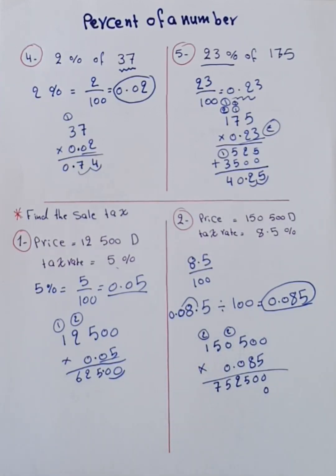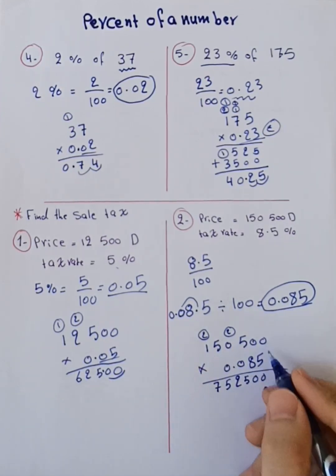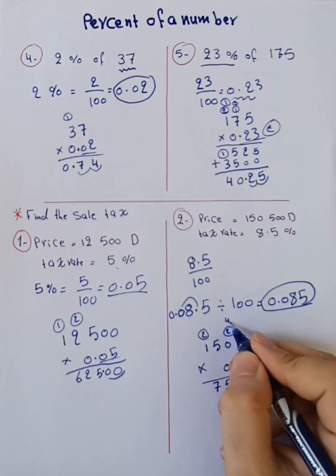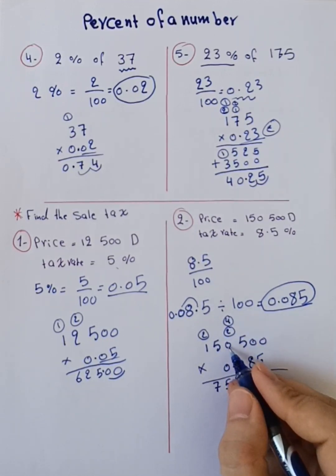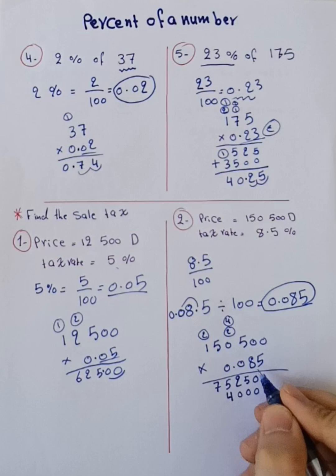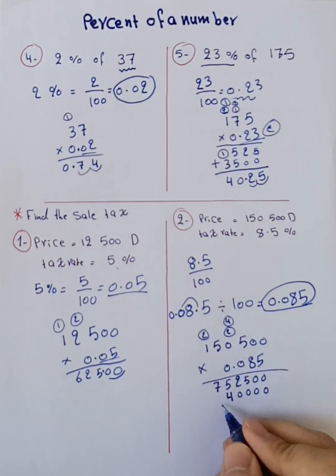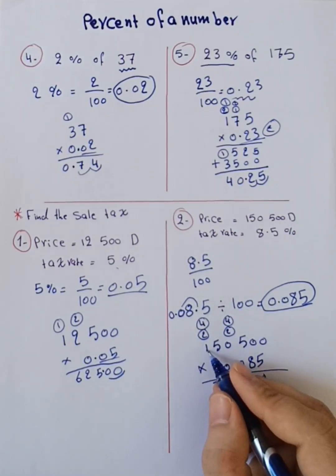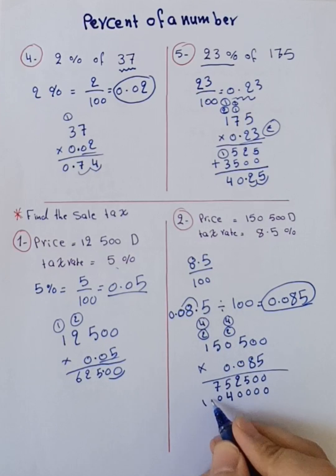After that, you have to write 0, and then 8 times 0 is 0, 8 times 0 is 0, 8 times 5 is 40. We have to regroup. 8 times 0 is 0 plus 4 is 4, and 8 times 5 is 40. We have to regroup, and 8 times 1 is 8 plus 4 is 12.